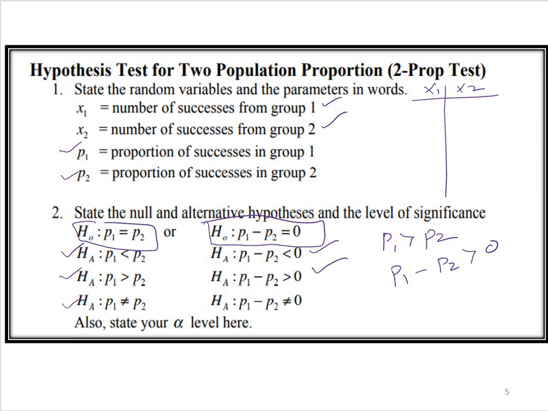If P1 is equal to P2, then P1 minus P2 is equal to 0, and that is the null hypothesis. If the alternative hypothesis is P1 not equal to P2, then P1 minus P2 is not equal to 0. That is the null and alternative hypothesis. But always we take the null hypothesis as H0: P1 is equal to P2, or P1 minus P2 is equal to 0. Okay.